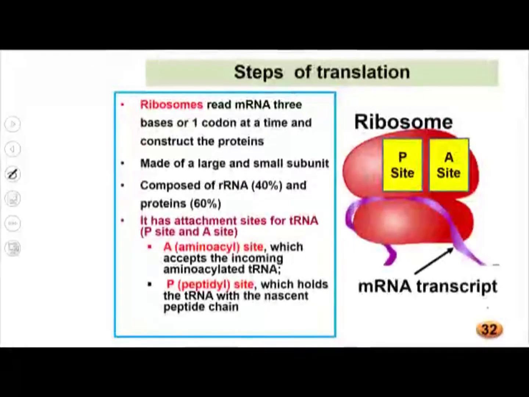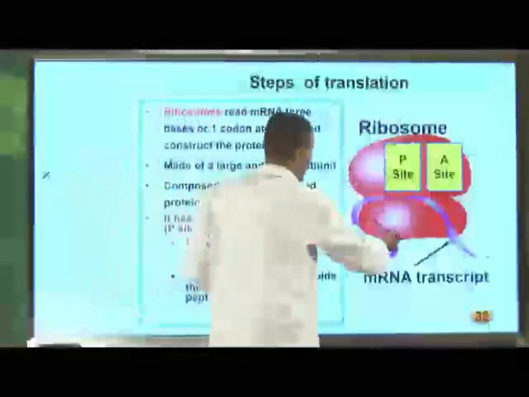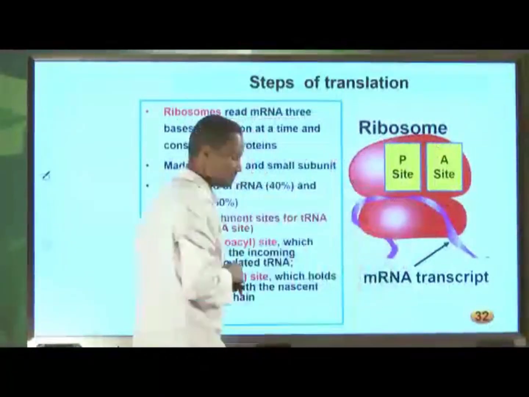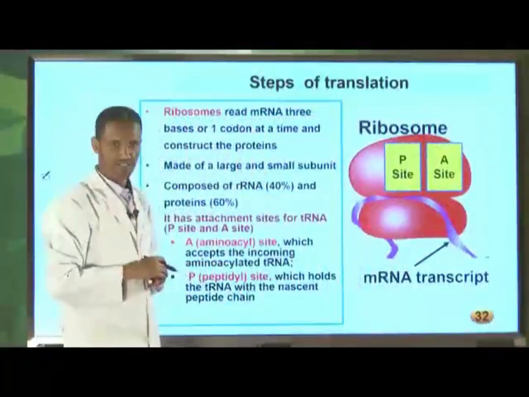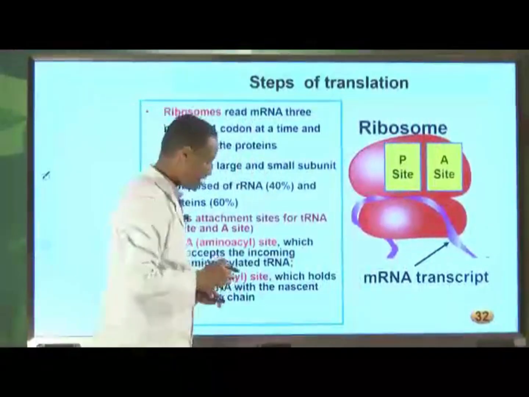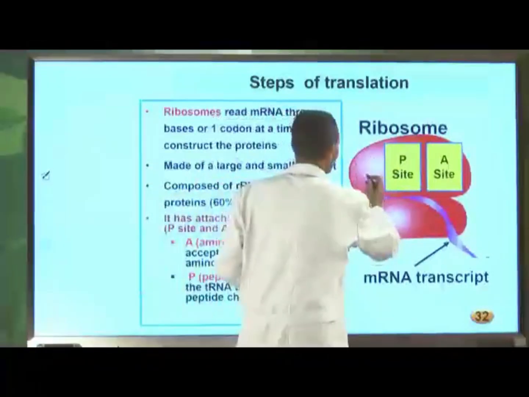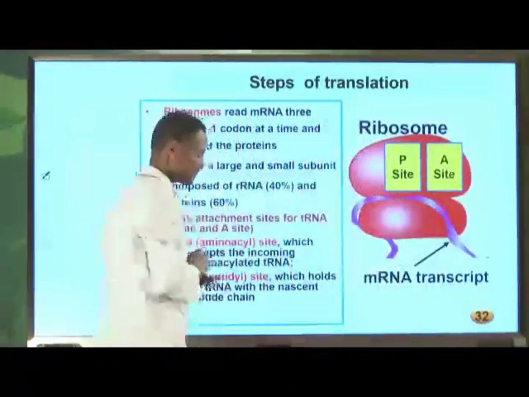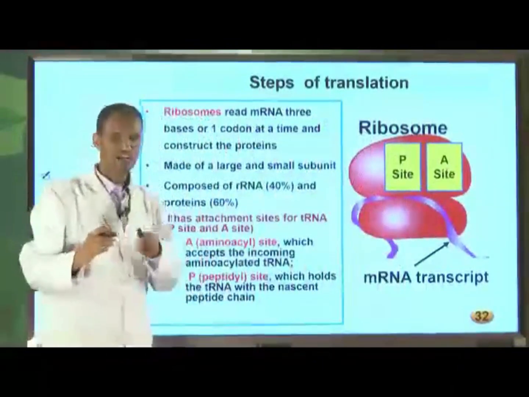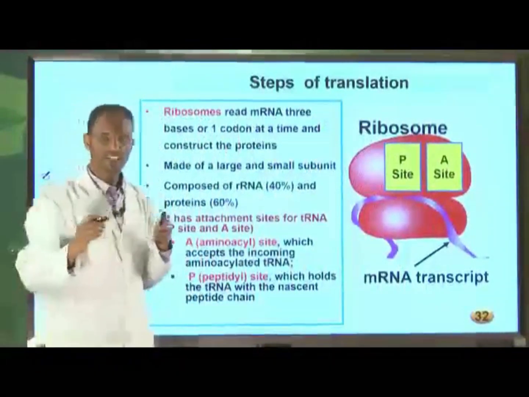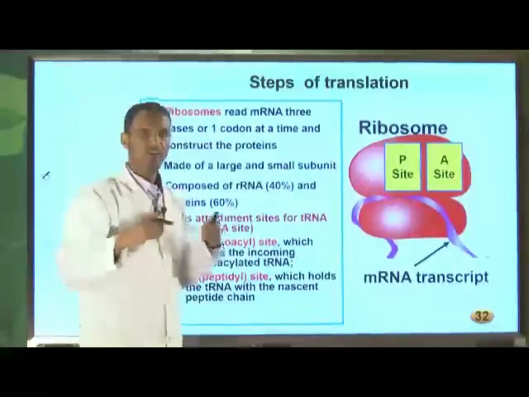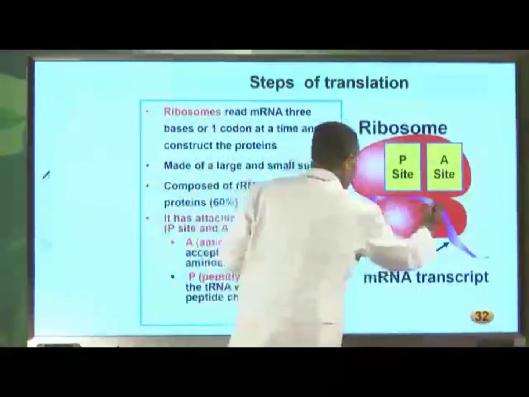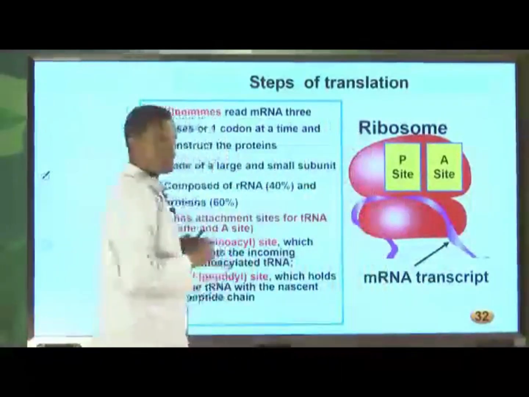The steps of translation. The red ones represent the ribosome, which is found inside the cytoplasm. It has the large subunit and the small subunit. The messenger RNA, which carries information from the DNA, enters into these ribosomes.